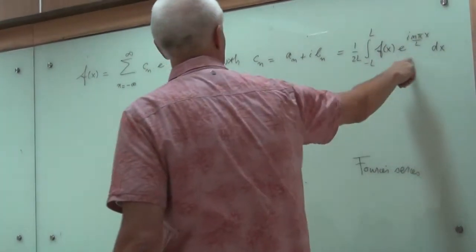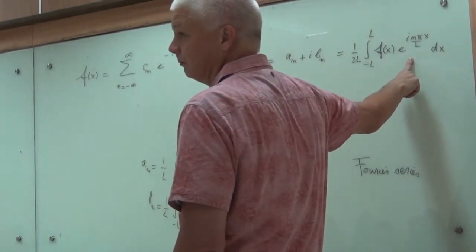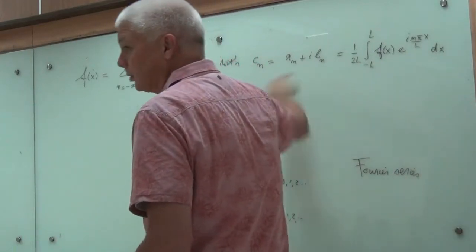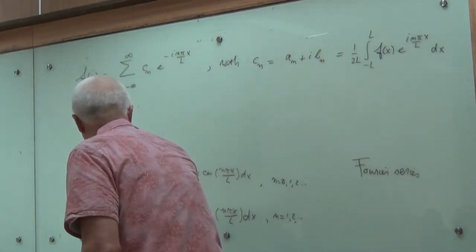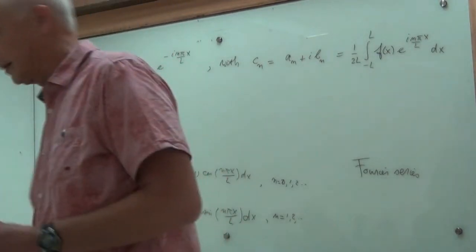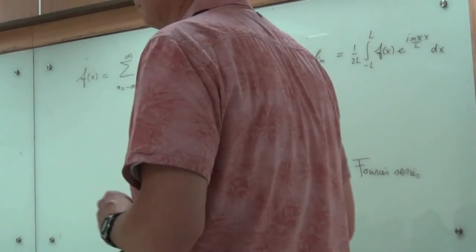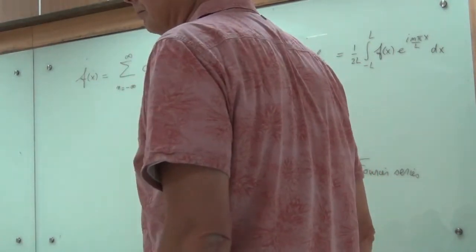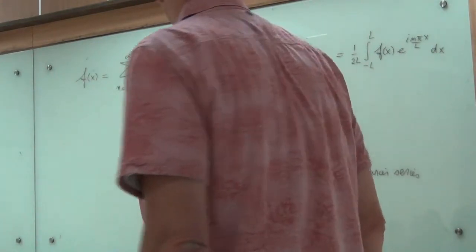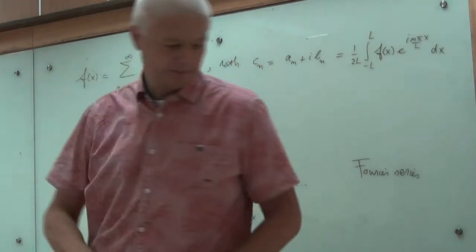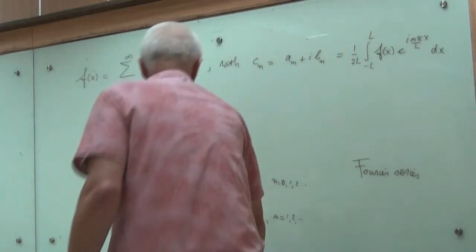Cosine plus i sine, and that's e to the power i n pi x over L. Do you agree? an plus i bn, so if I multiply this with i and then add the two, then I get the expression. Agree? So I have a rather compact form for my Fourier series in a complex notation.